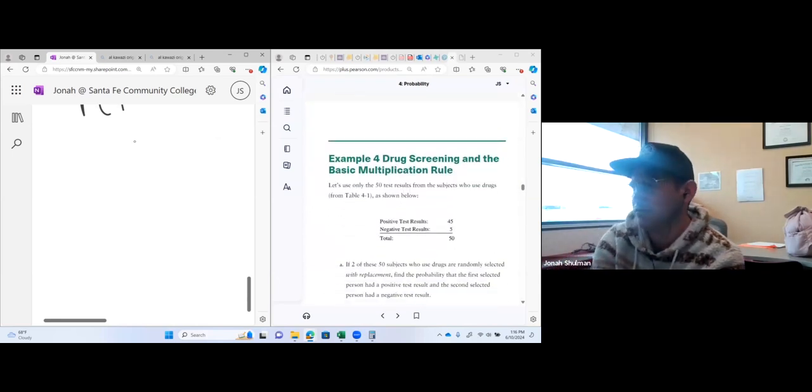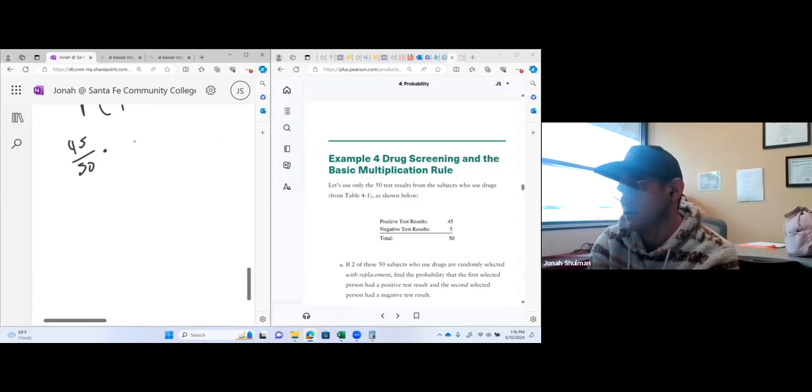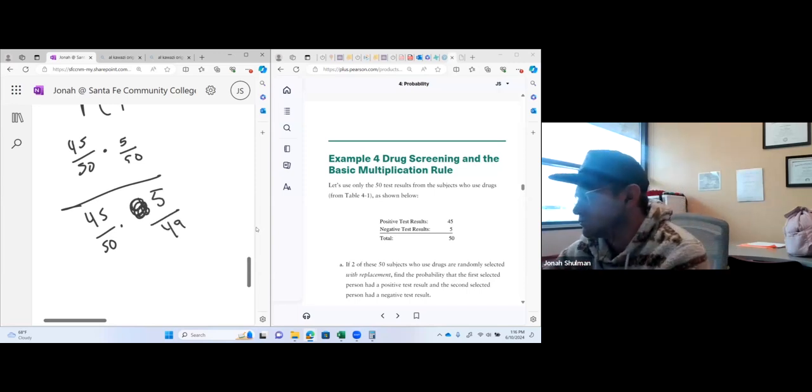So the first one has a positive result, 45 out of 50. The second one has a negative result, 5 out of 50. You're replacing it. And if we do it without replacement, it's 45 out of 50, then 5 out of 49, because the total drops.